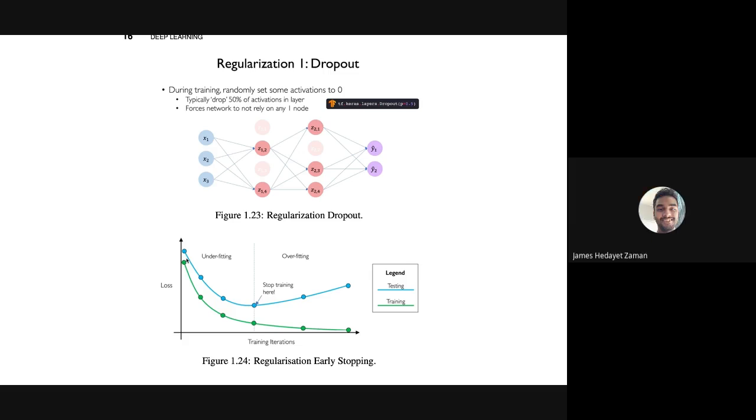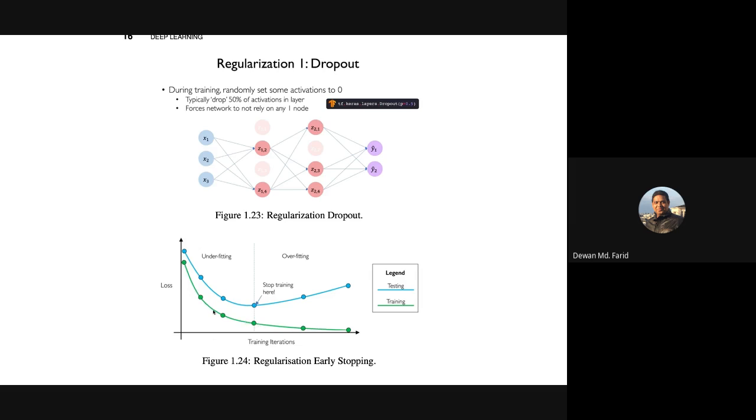Yes, sir. Okay. So say for example, here you can see an example. This is the loss, this is the training iteration. We have a training and a testing set. In the training, you see the loss is decreasing, the green line.